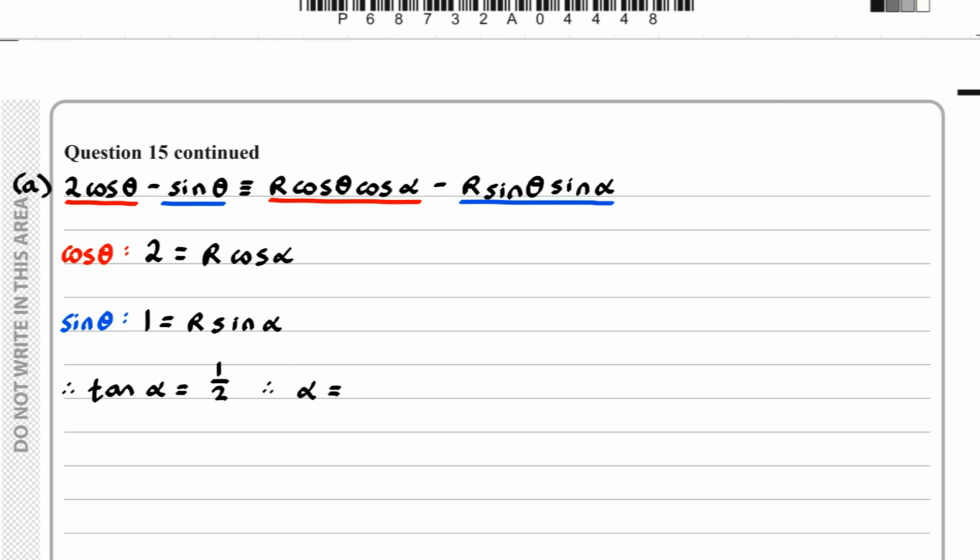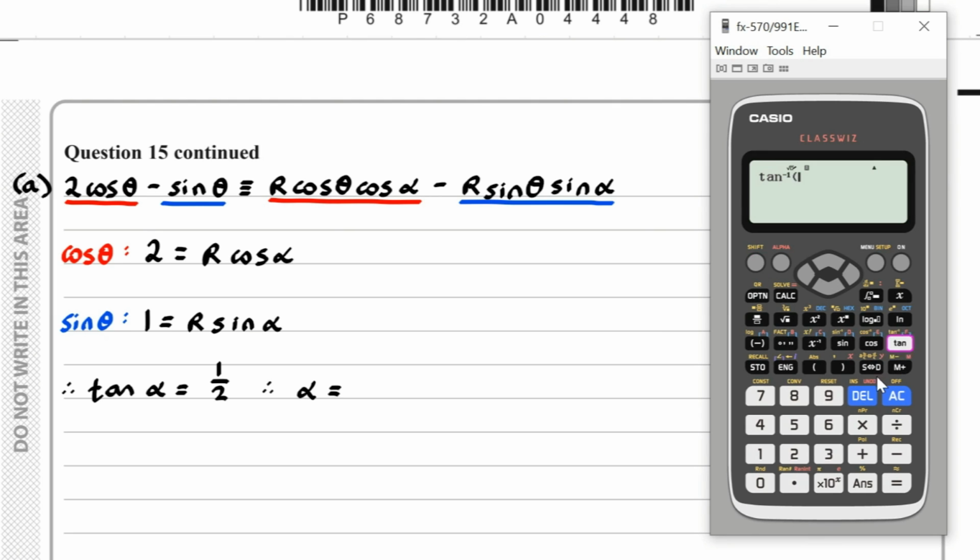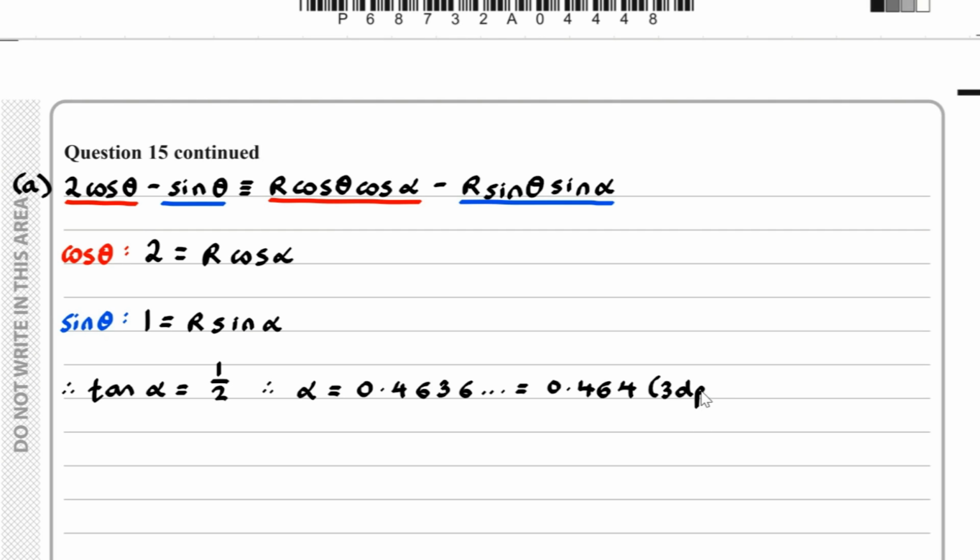So therefore, alpha is equal to the inverse tangent of 1/2, which is 0.4636, etc. This is equal to 0.464 to 3 decimal places. And if we find out what r is, it's equal to the square root of 2 squared plus minus 1 squared.